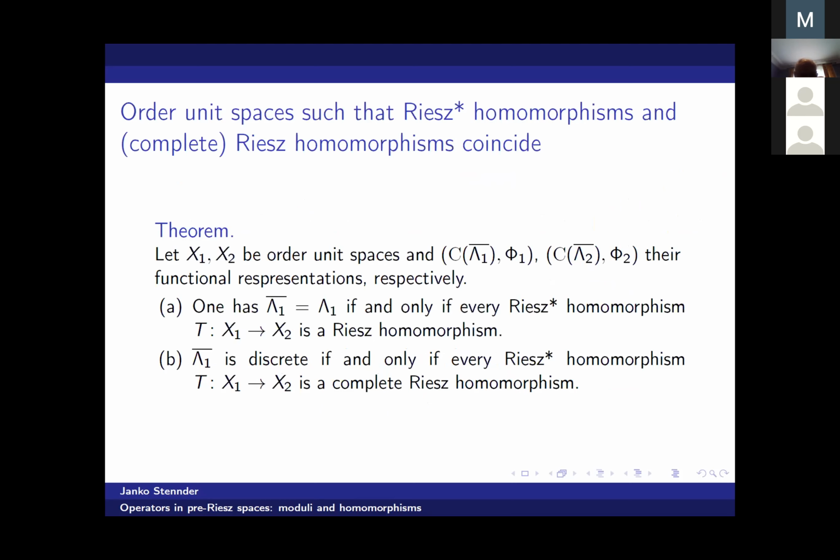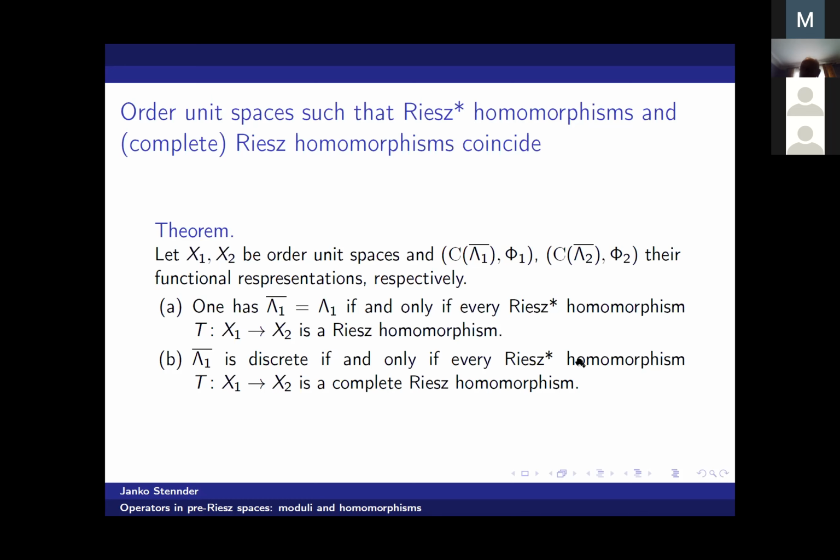If I have 2 order unit spaces with their functional representations, then I have this, that every Riesz star homomorphism is actually a Riesz homomorphism between those order unit spaces if the lambda 1 is closed, which basically means that every Riesz star functional is also a Riesz homomorphism in the domain.